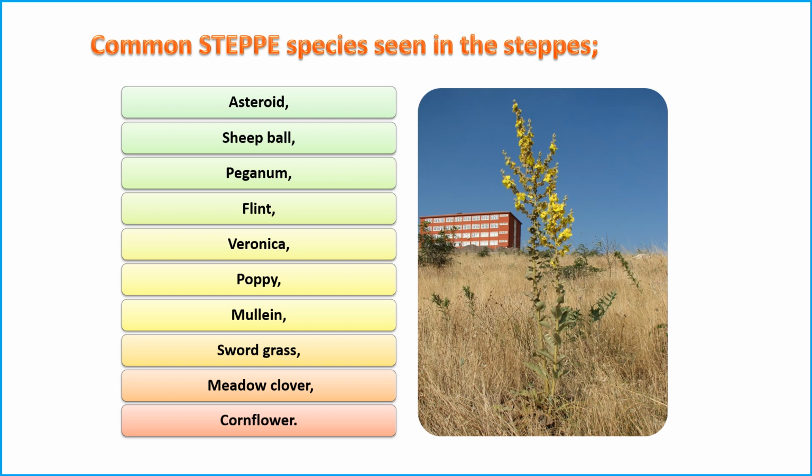They are often important forage plants. 10. Cornflower, a flowering plant with distinctive blue flowers, Centaurea cyanus, can be found in open and sunny locations, including steppe environments. These species contribute to the overall biodiversity and ecological dynamics of the steppe biome, providing essential resources for both wildlife and livestock in these expansive grasslands.